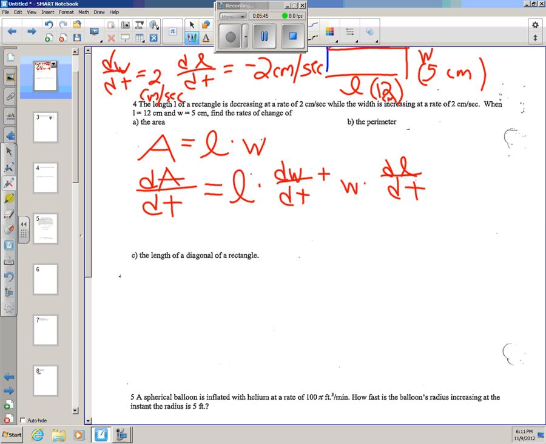Just fill in these values, so it should be 12 times 2 plus 5 times negative 2. So 24 minus 10 is 14, and the units are square centimeters each second.